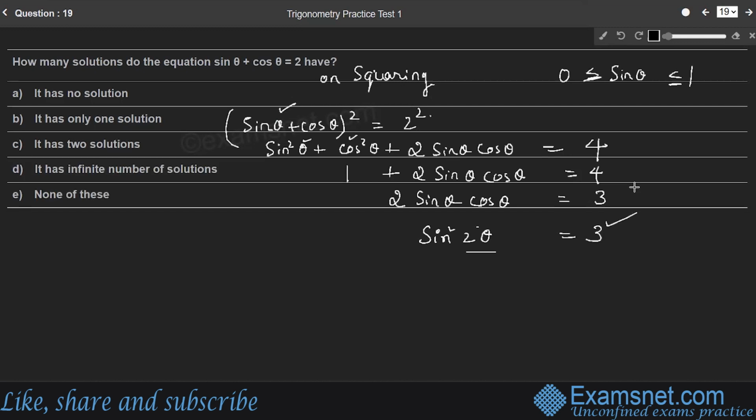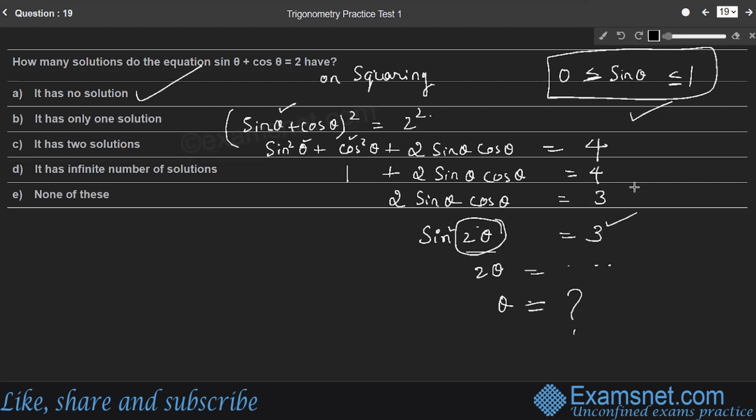Right? This means there is no value for 2 theta, therefore no value for theta. Therefore, the equation has no solution only because of this reason. So what is the reason? Sine theta lies between 0 and 1, so sine 2 theta also cannot have that value.